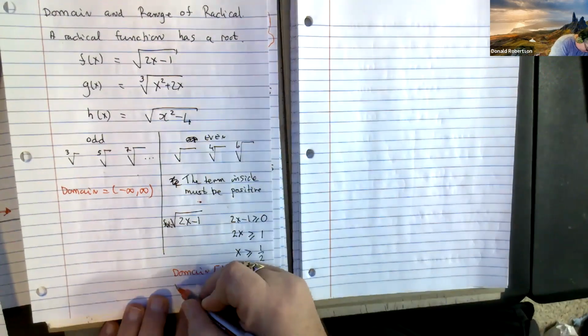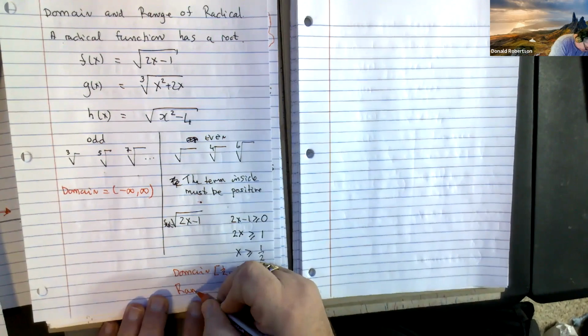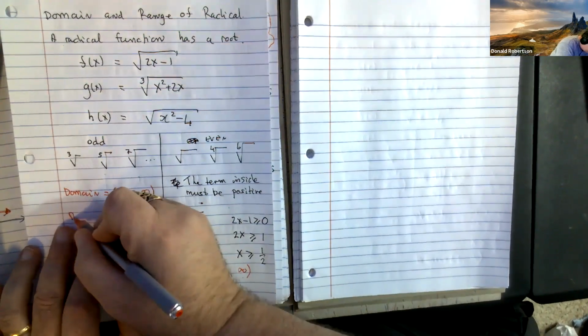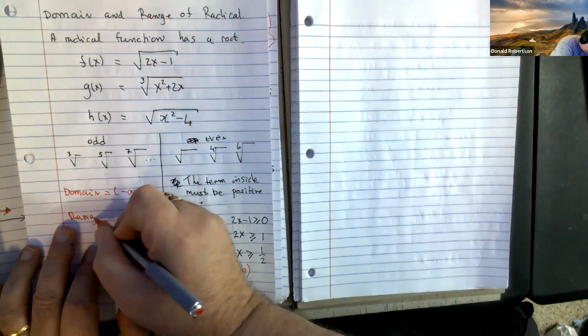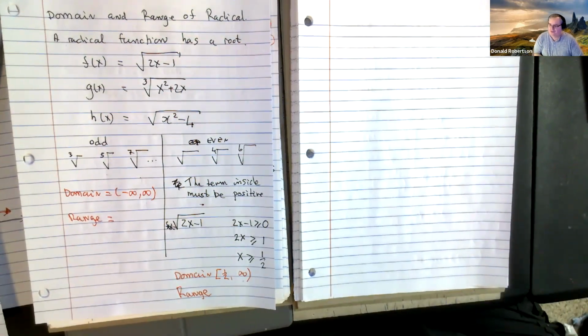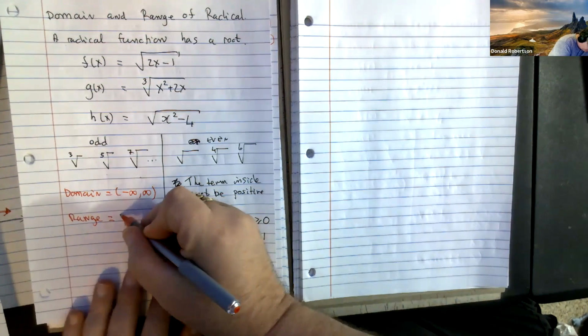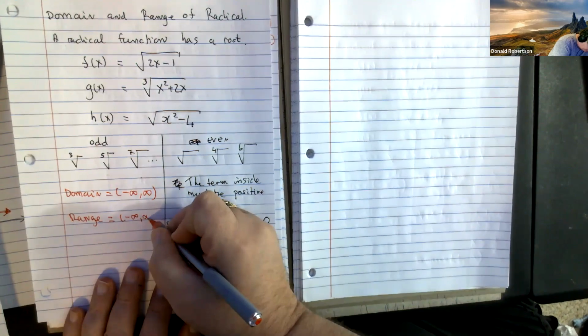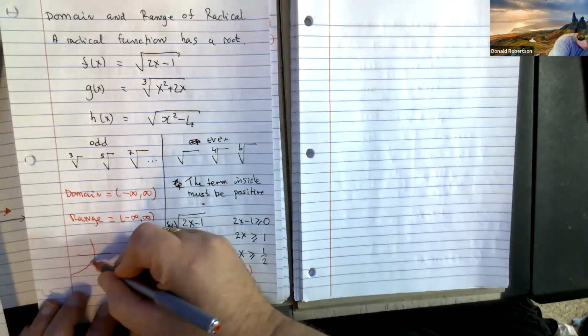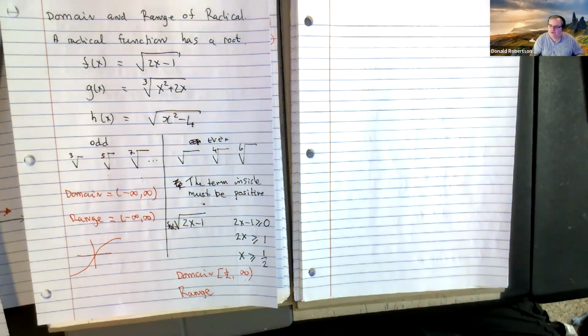Now, how would I get the range? Well, I kind of do the same thing. I just plug it into Desmos and see what we got. Can you trust me that in this case, your answer looks like that, because the function looks something like this, goes all the way up and down.